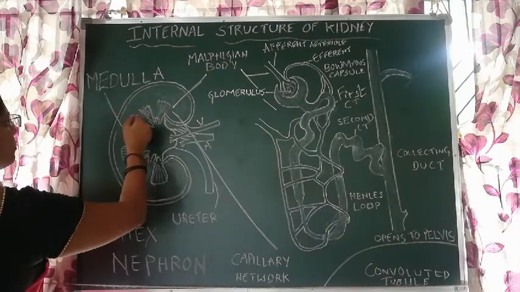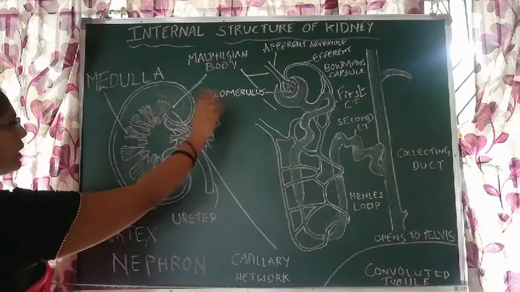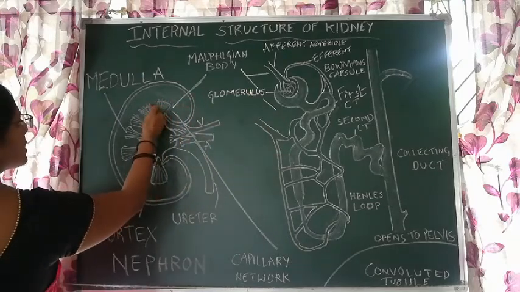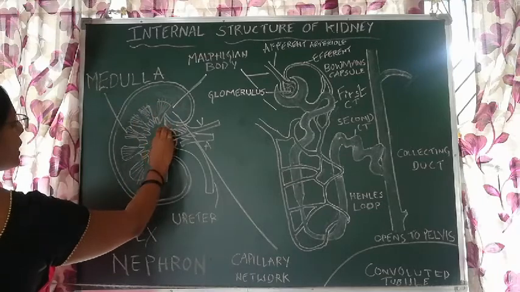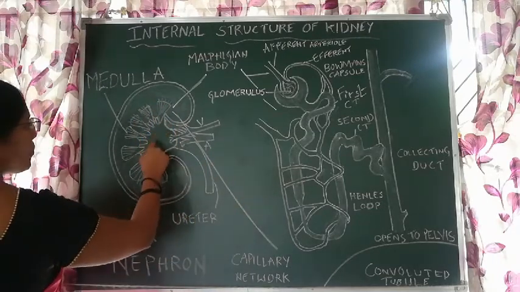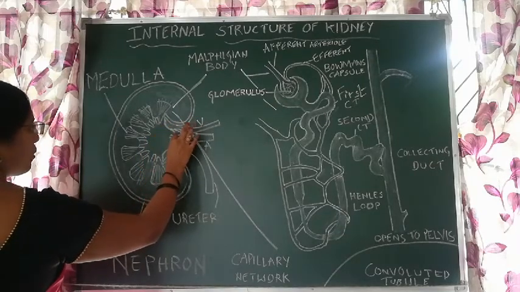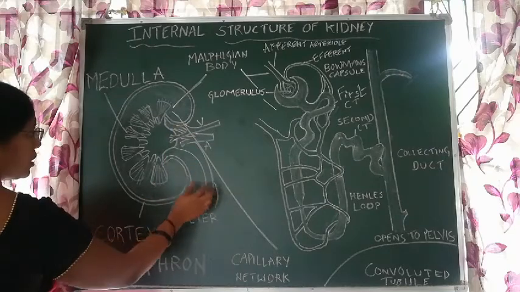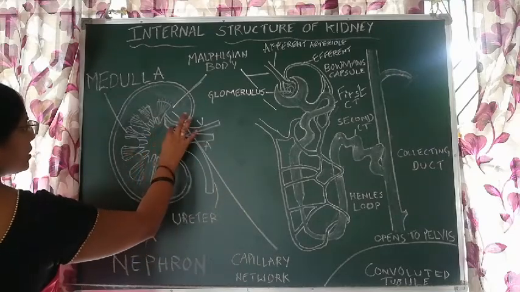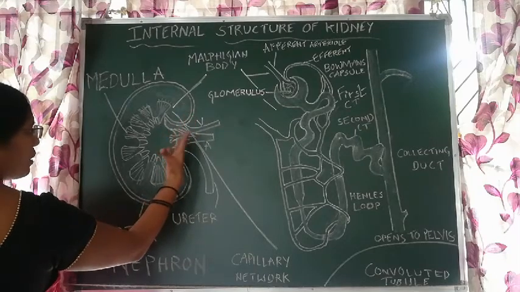So, here in the medulla, whatever nephrons are present, they end as collecting ducts. These collecting ducts are connected to the pyramids and calyces, and the urine present in the collecting duct comes out from the renal pelvis, and from the hilum the ureter comes out. This is the renal pelvis and this is the hilus of the kidney, which is a funnel shaped structure.